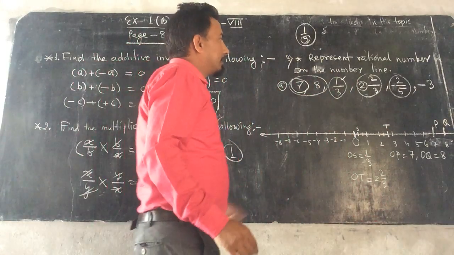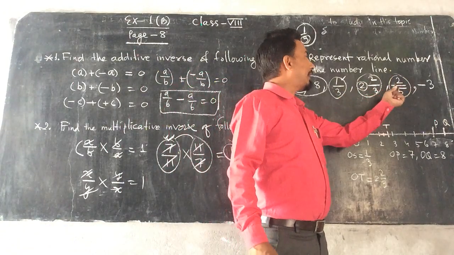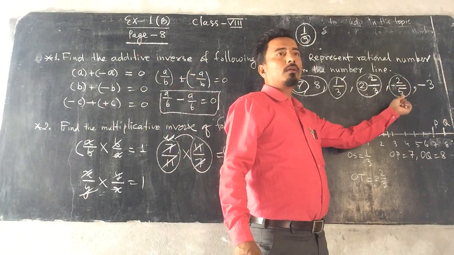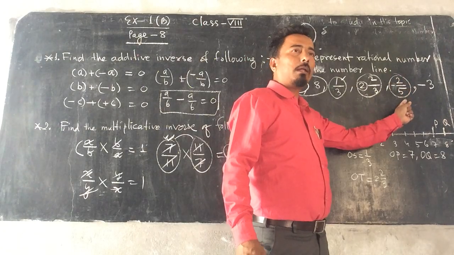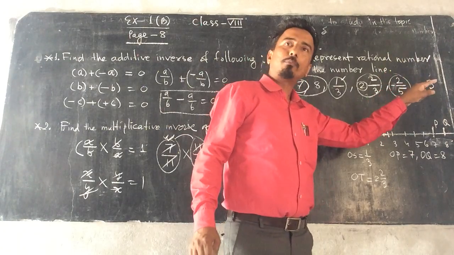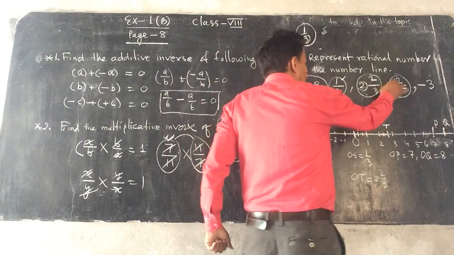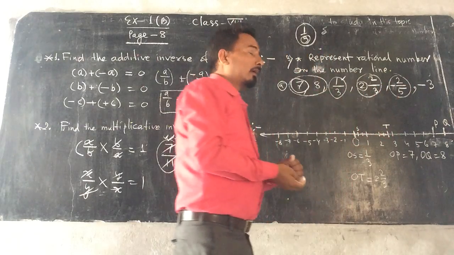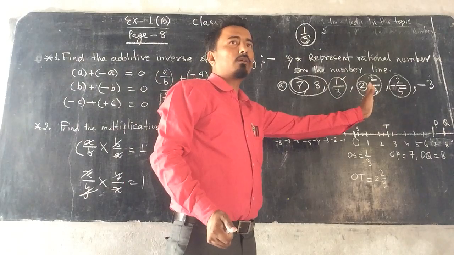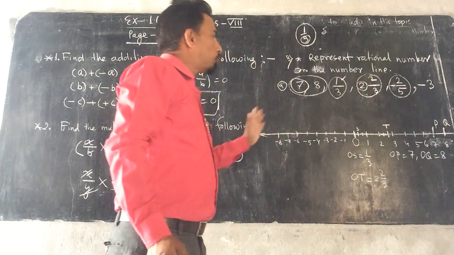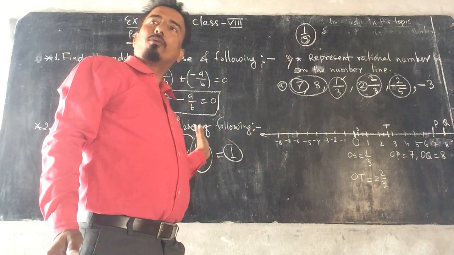No, sir. Okay. Now again you see here, negative 2 by 5. It is a rational number, but a negative rational number. Okay? You listen here. So what is your negative? I told you already in the beginning that negative numbers are always plotted on the left side of the number line, okay?